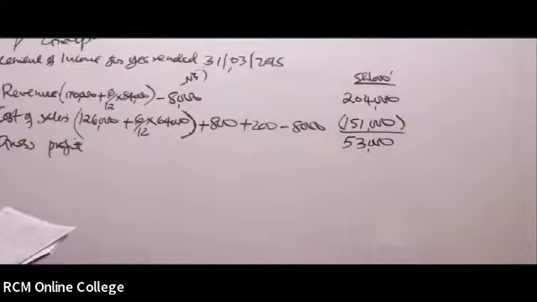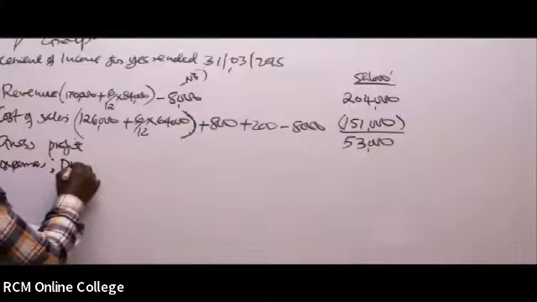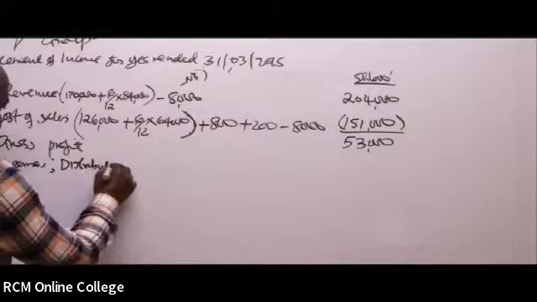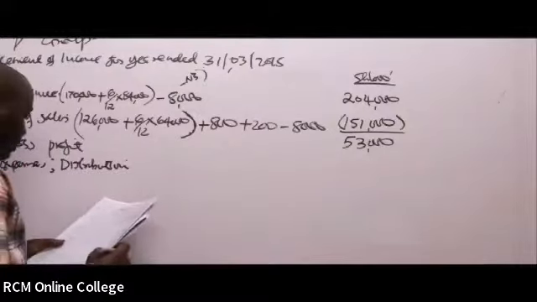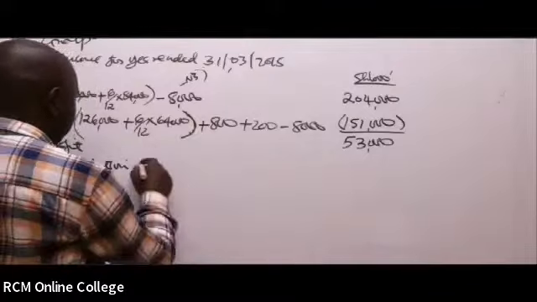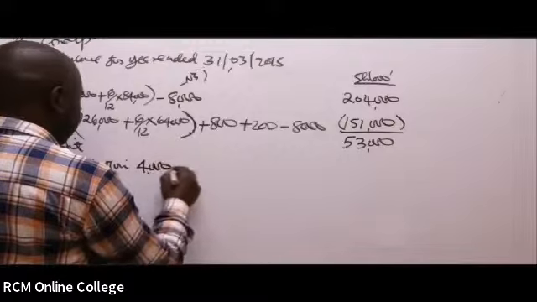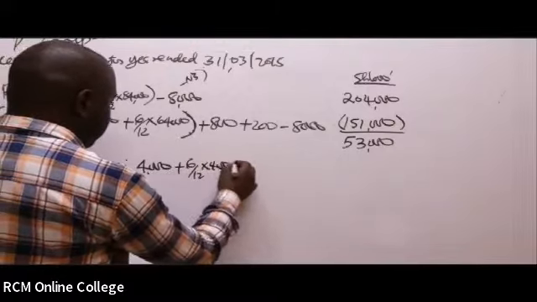You can now consider distribution expenses, less expenses. The first one is distribution expense, which is 4 million. So 4 million plus 6 out of 12 multiplied by 4 million.